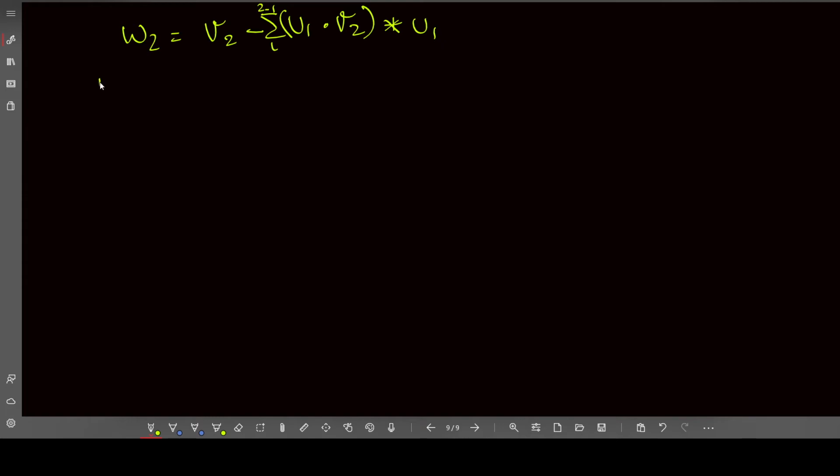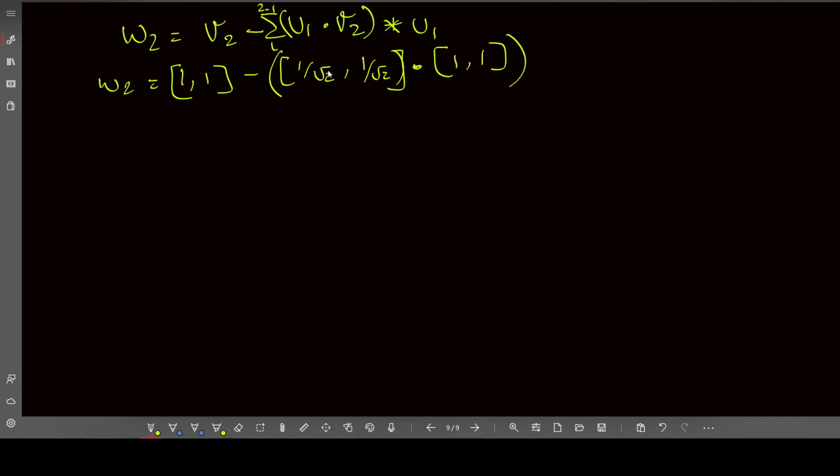Okay, so W2 is equal to V2, which is also 1 comma 1, minus U1, where U1 is 1 by root 2 comma 1 by root 2, its dot product with V2, which is 1 comma 1.